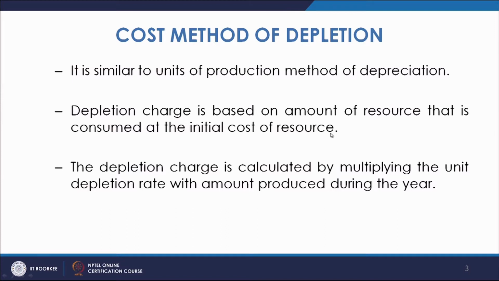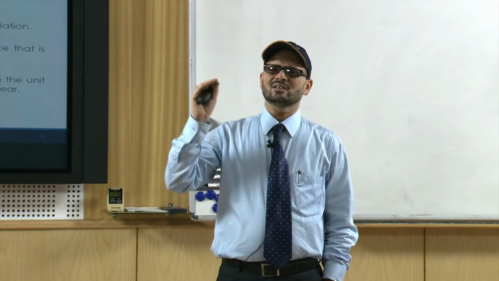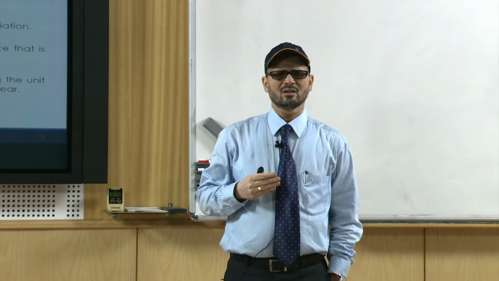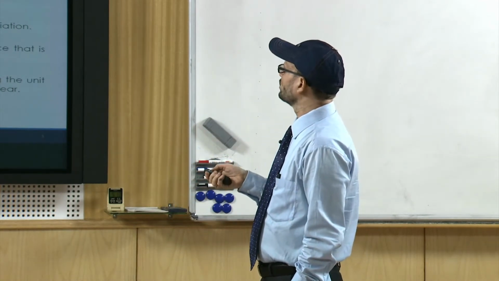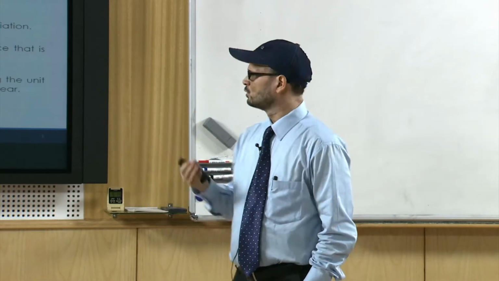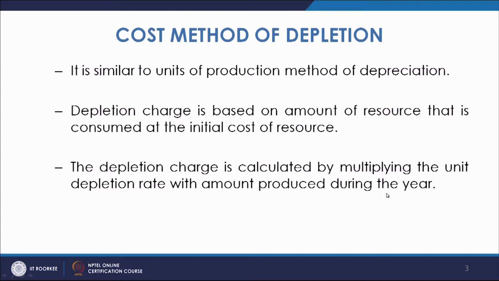So, when you know that this much amount of resource is to be extracted from the source and you have extracted a certain amount from that source, based on that the depletion amount will be calculated.